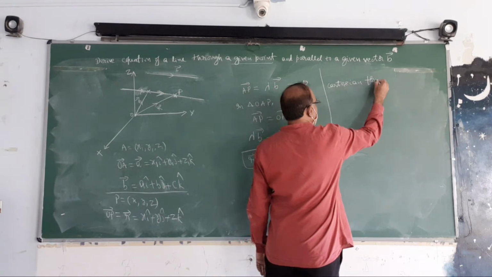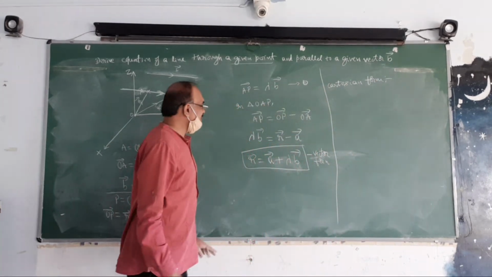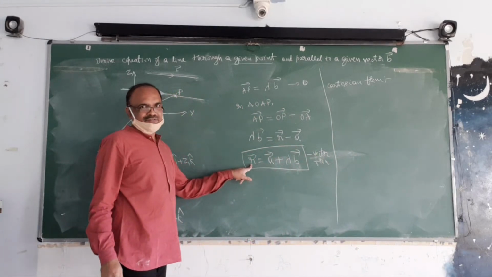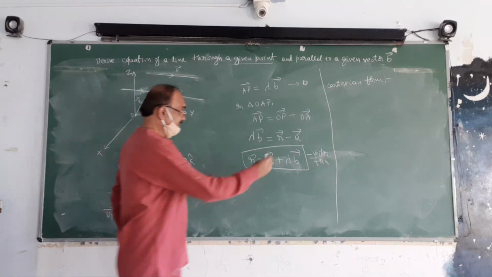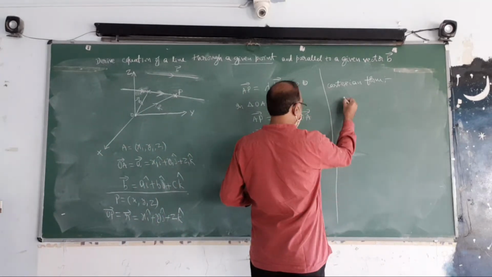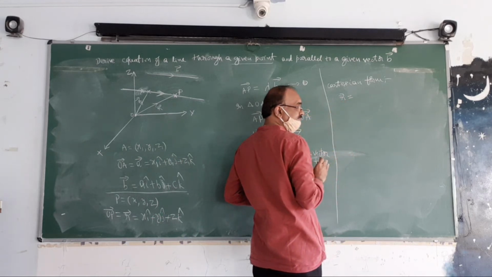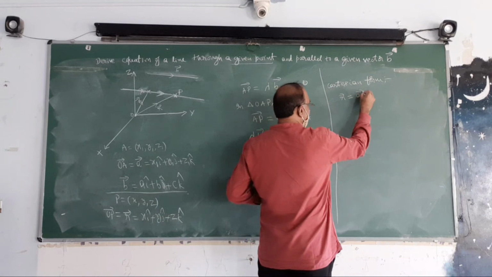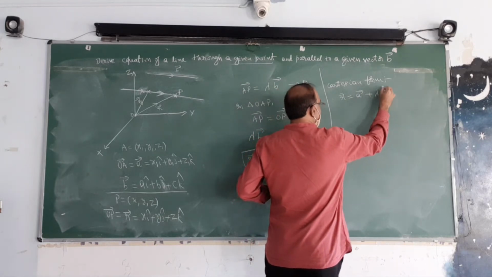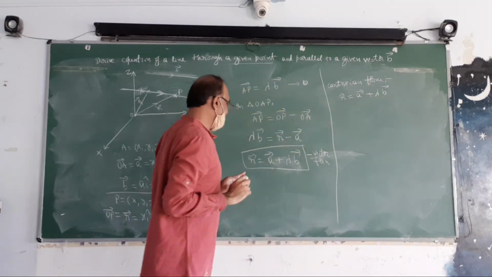Cartesian form is basically applying your vector algebra operations here, nothing else. For everything you know its component form. Vector R, what is it? That is xi. You always derive Cartesian form from vector form. So vector form is this. Now you just have to substitute the component form of these vectors.